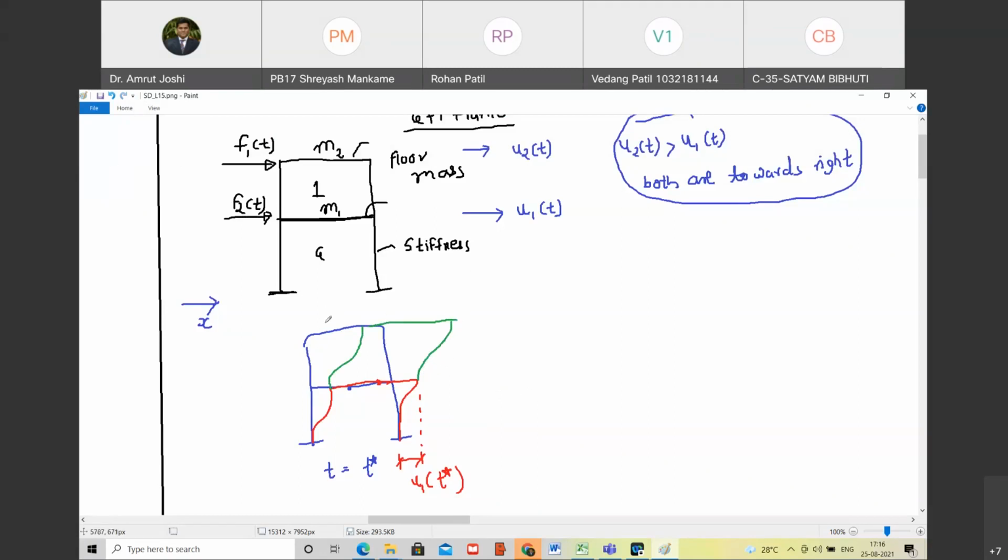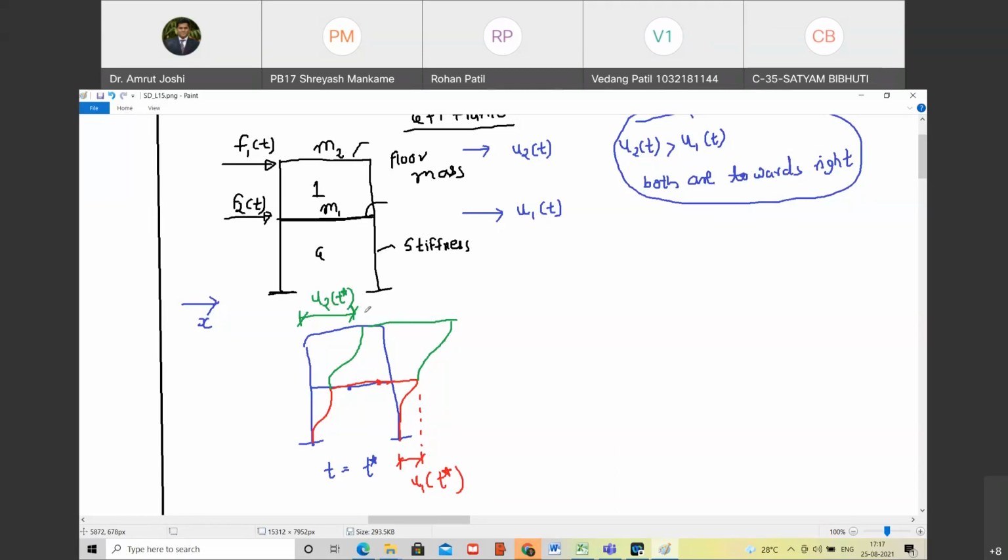Yes, sir. And now the total deformation of the second story, I am going to call it U2 of t star, as I am drawing this deformed shape at time t equal to t star.